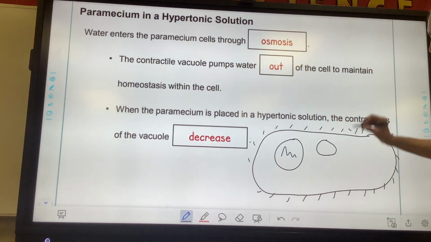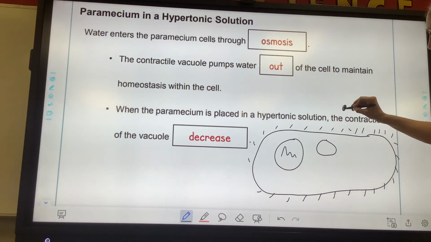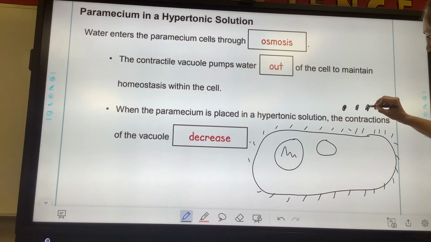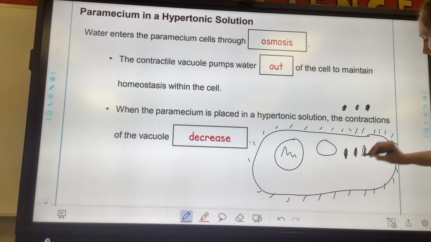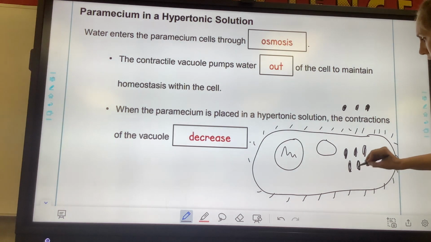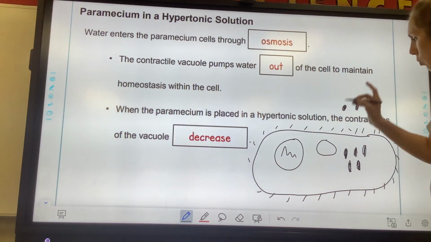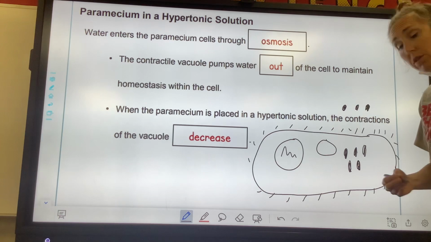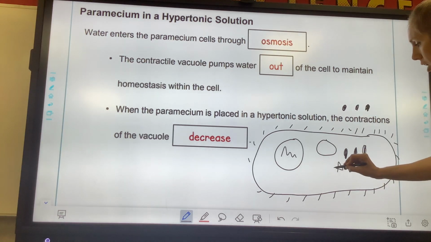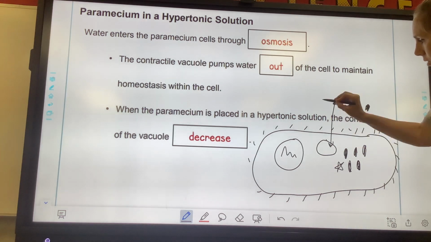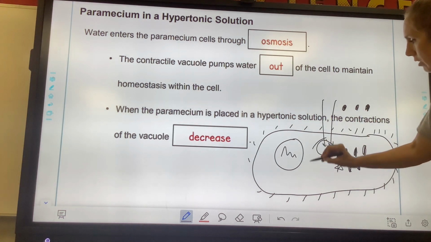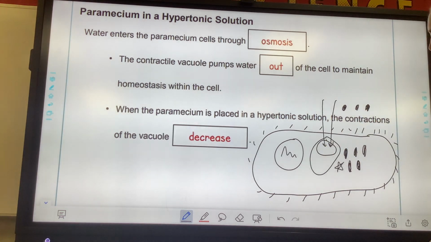Say there are 1, 2, 3 particles on the outside, and 1, 2, 3, 4, 5 particles on the inside. Water goes to the party, water moves to the particles, so I put a star where the water is going to go. Water is going to come into the vacuole, and the vacuole is going to get larger.